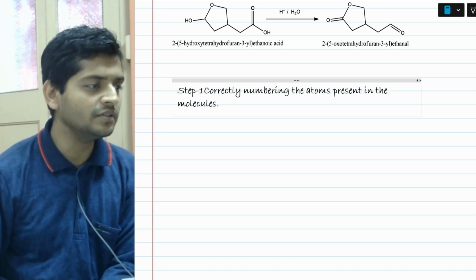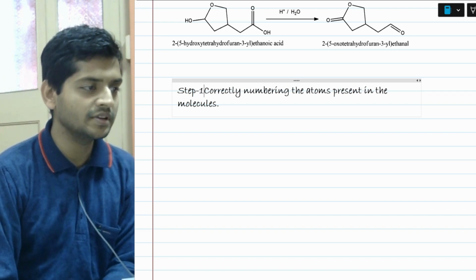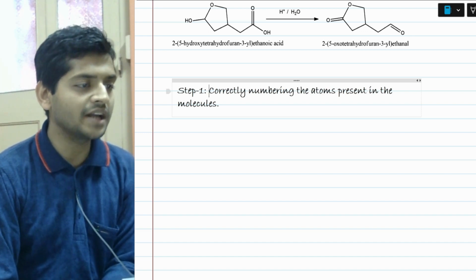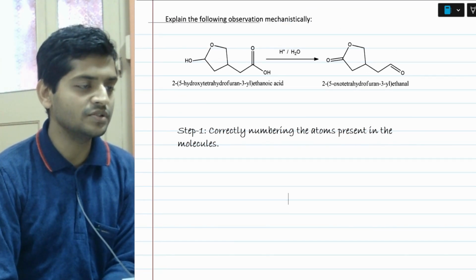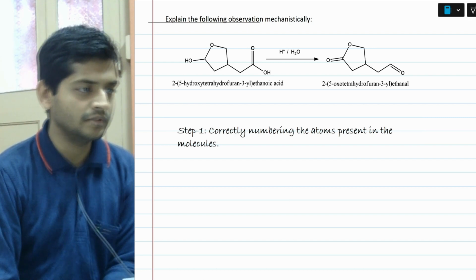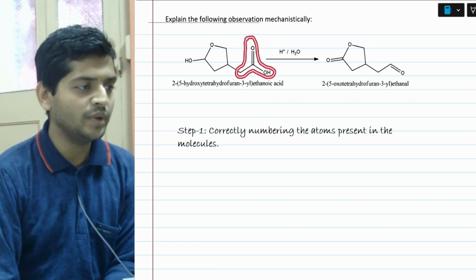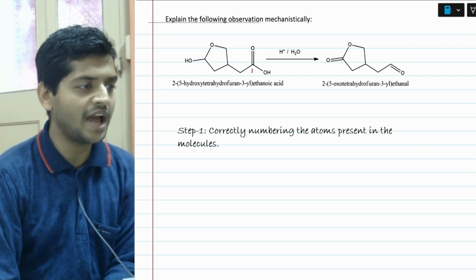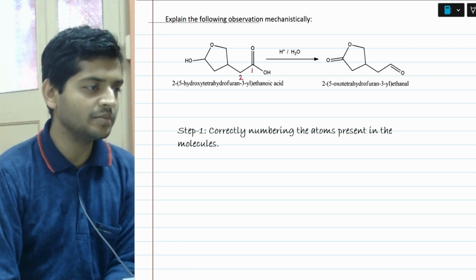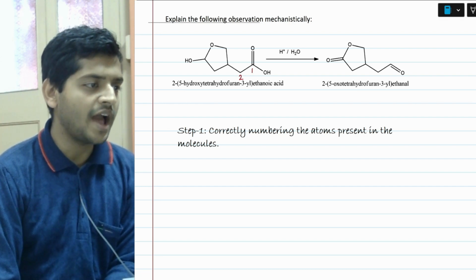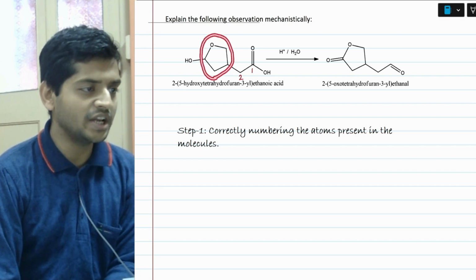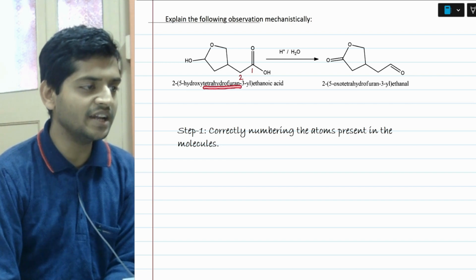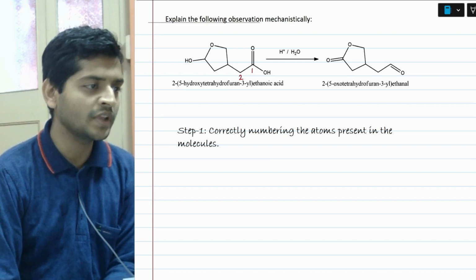So let us focus on the first step, that is correctly numbering the atoms present in the molecules. Looking at the ethanoic acid portion of the substrate, we can number the carboxylic acid carbon as number 1 carbon and the other carbon as number 2 carbon, and the second carbon of the main chain, that is ethanoic acid chain, is linked with the tetrahydrofuran moiety.